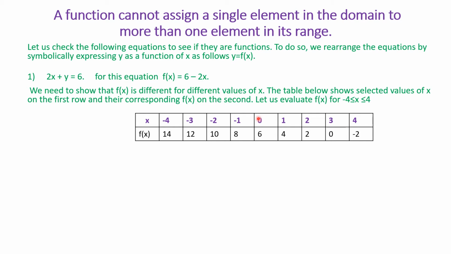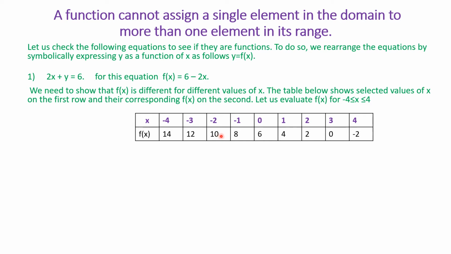When x equals 0, then f of 0 equals 6 minus 0, which is 6, and so on. What we see here is that when x increases by 1, going from one cell to the one to the right, x increases by 1 in the first row. But then we also realize that when x increases by 1, y decreases by 2.